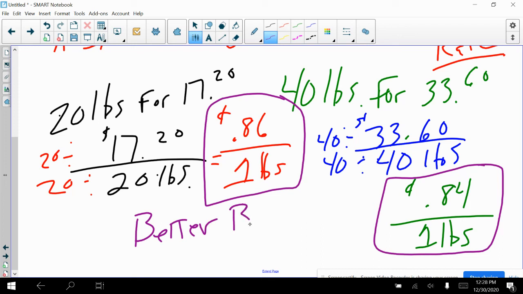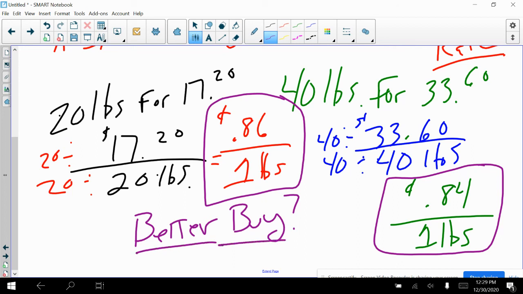Not only that, they're also going to ask you to prove it. Working out the problem and finding the unit rate, or in this case the unit cost, is showing me that you understand which one is the better buy.